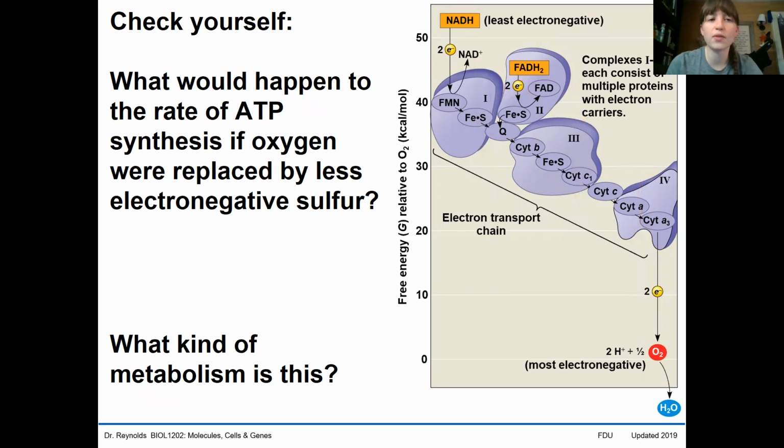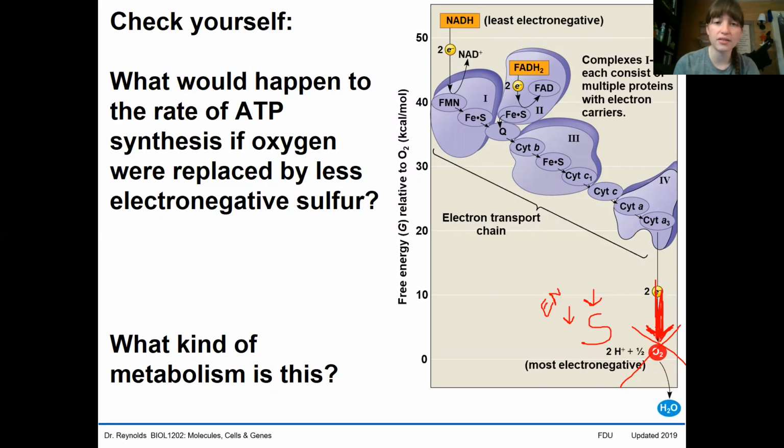So what would happen to the rate of ATP synthesis if we were to replace oxygen here at the end with a molecule of sulfur? Recognize that sulfur is going to have a lower electronegativity than oxygen does. And since that electronegativity determines the rate at which these low energy electrons get donated, that also means that the rate at which these electrons get donated is less.